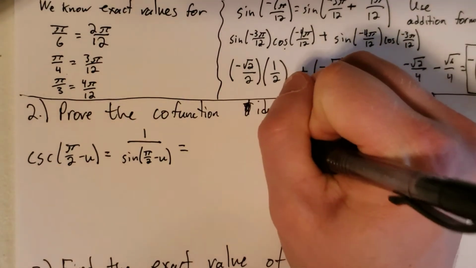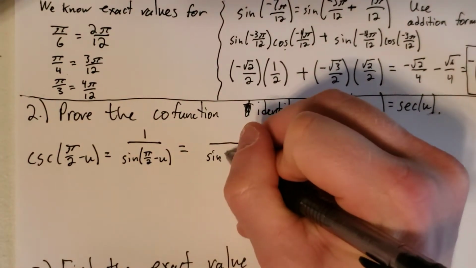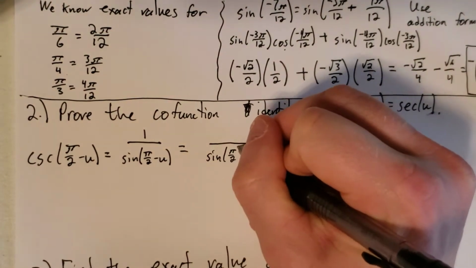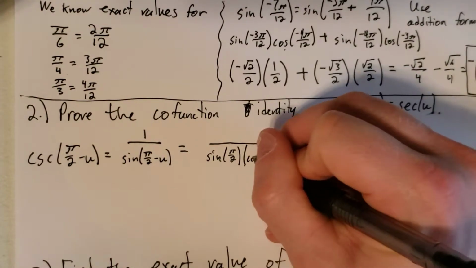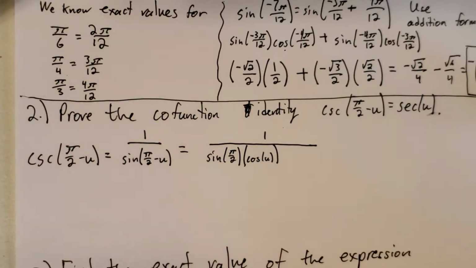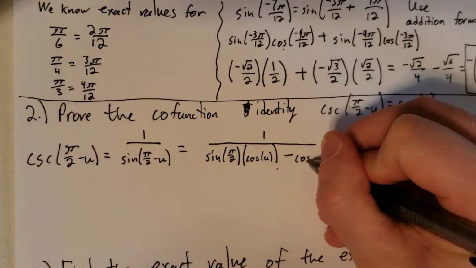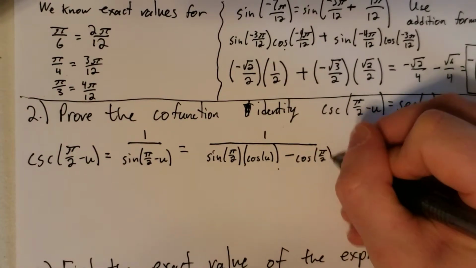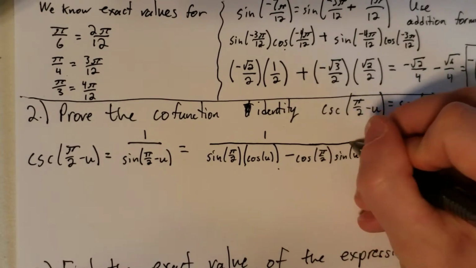So this becomes 1 over, and then sine of pi over 2 minus u is sine of pi over 2 times cosine of u, minus cosine of pi over 2 times sine of u.